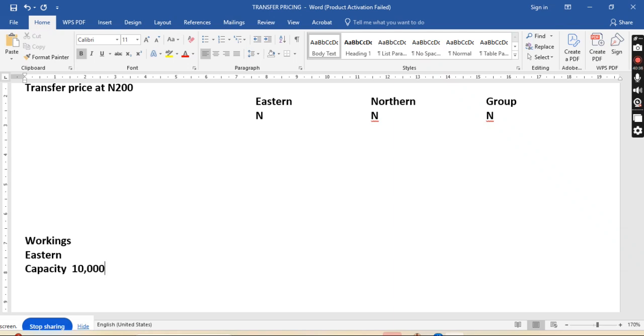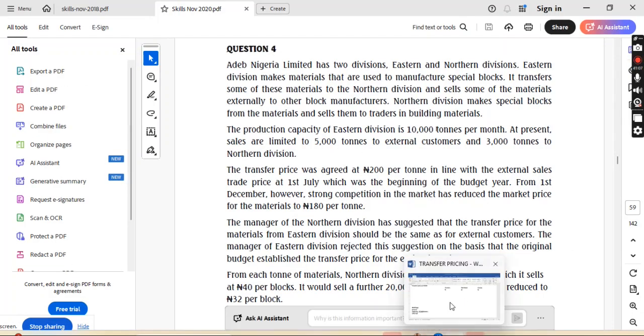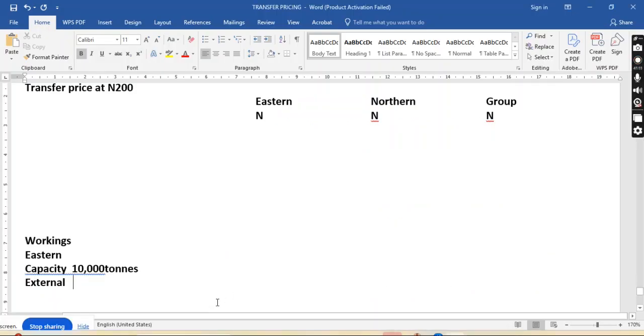10,000 tons. Now, if there is 10,000 tons, external, from the question we take how many tons? 5,000 tons external.